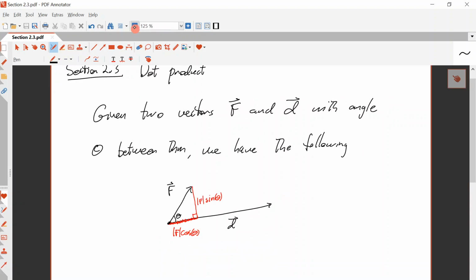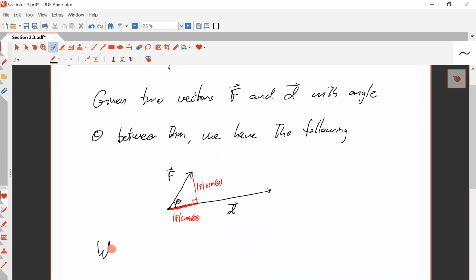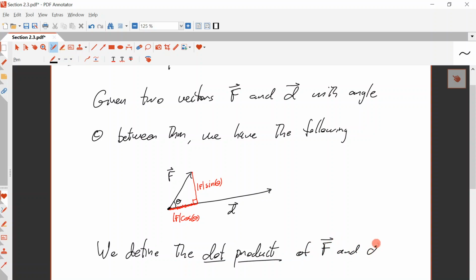So we define the dot product of F and D as follows.